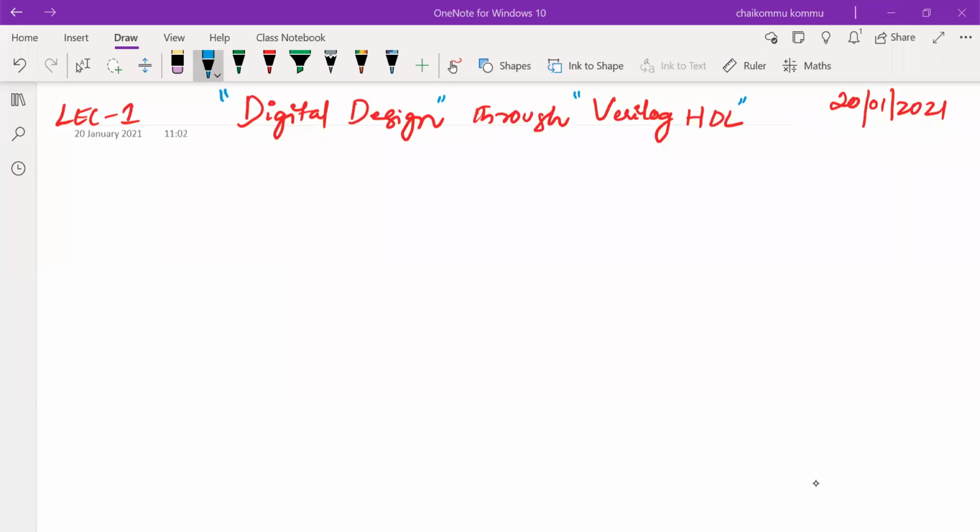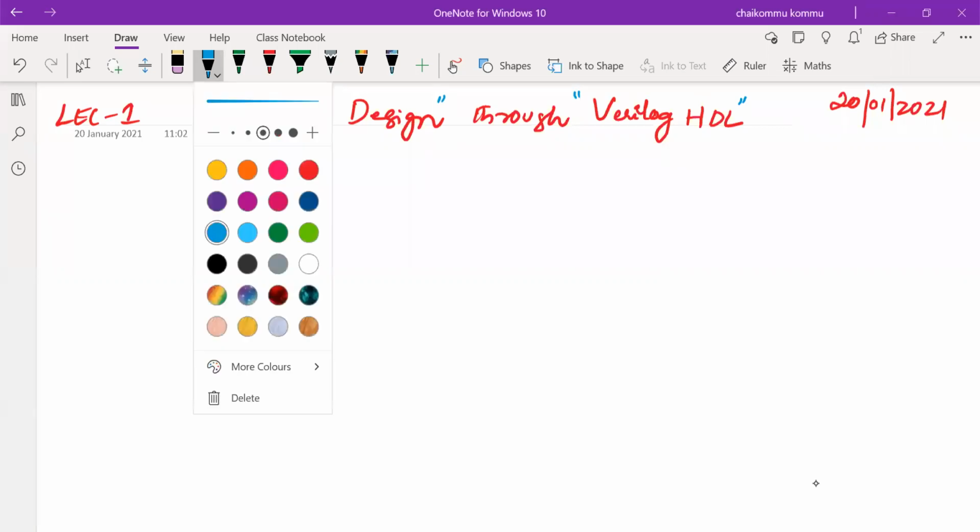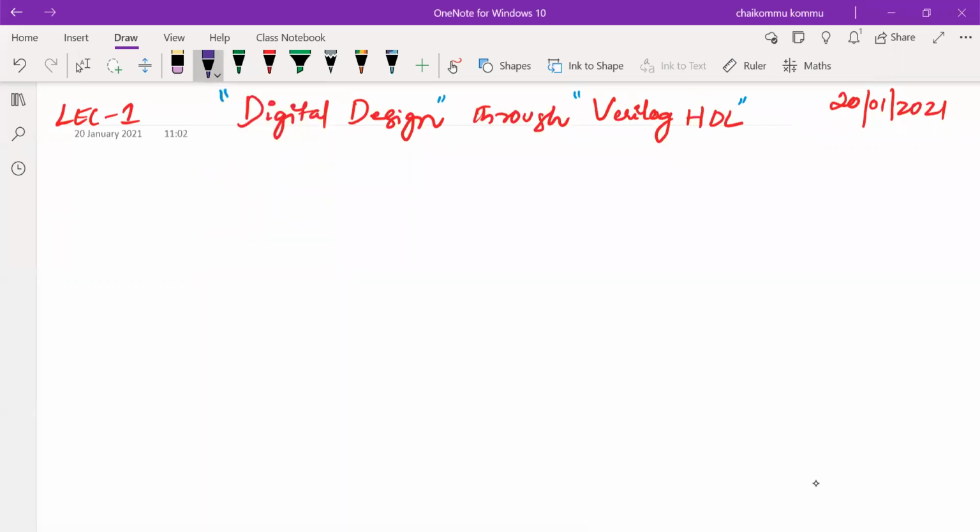As I mentioned, we are talking about digital designs with the help of Verilog HDL. First of all, let us recapitulate what the digital design is, or the conventional digital design. What do you mean by this?